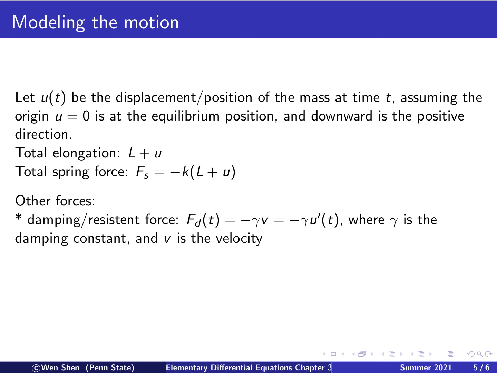Okay, let's also add some other forces into consideration. One is called the damping force, which is also known as the resistant force. This is a force that goes in the opposite direction of the movement. It could be air resistance, or if your motion is in a fluid, then the fluid is having a damping effect on you.